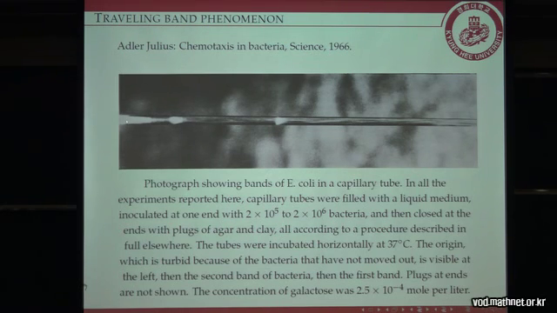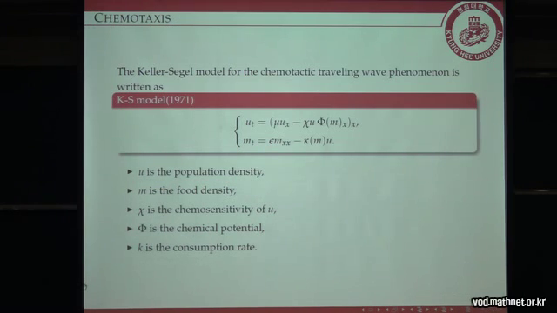And then, if E. coli is there, E. coli have some traveling band. So the population goes there. Actually, this is a really important paper. After this work, Professor Keller and Segel proposed this model, the so-called Keller-Segel model.